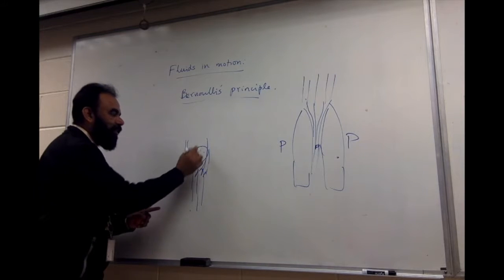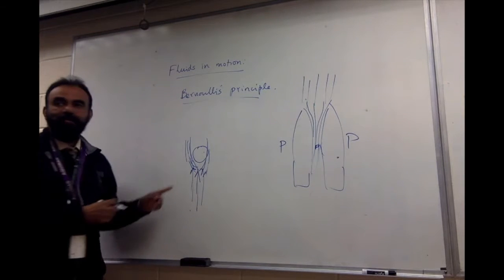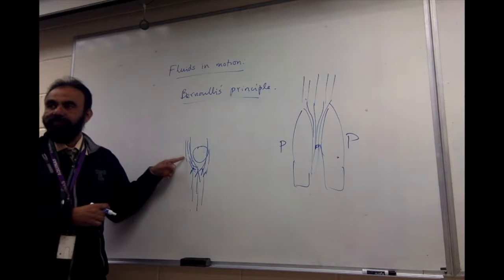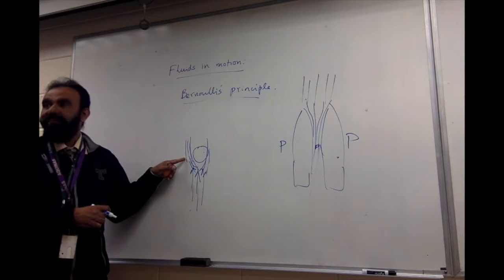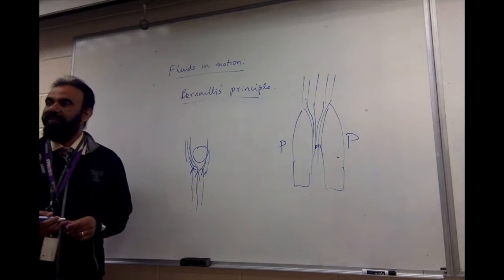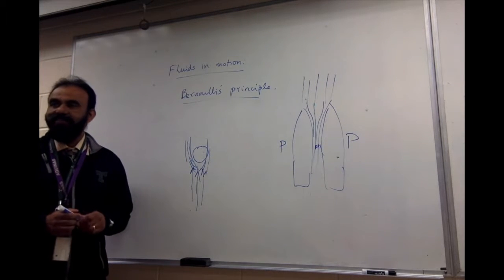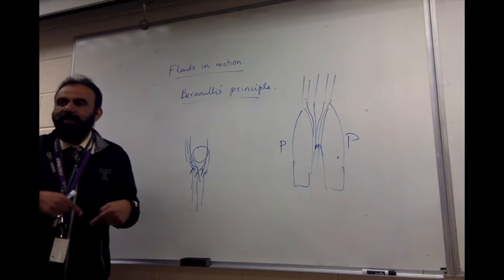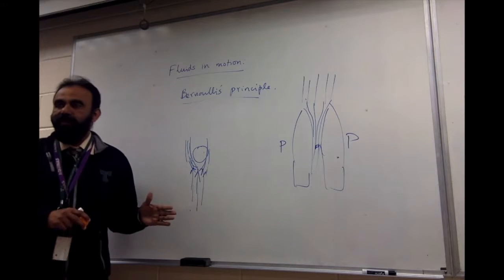Then where will more air flow? That side, yeah. So what will happen to the pressure here? It decreases, and so it will tuck the ball back in. Make sense? So it can't go anywhere. It has to get back into the right place.